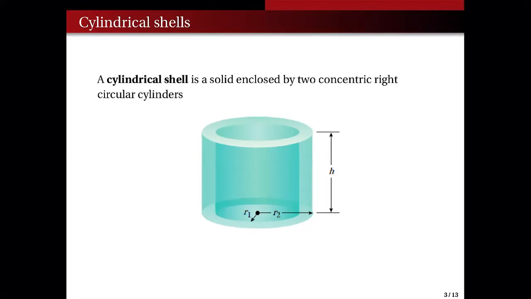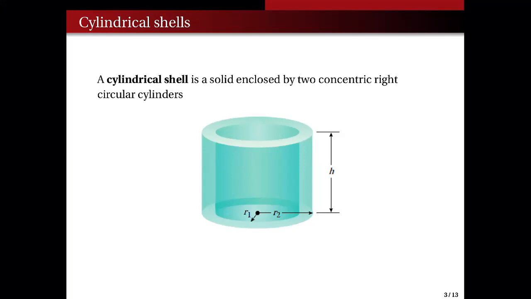If you have a cylindrical shell, you can easily get the volume of this solid. If you look at this, you have the smaller radius, that's your R sub 1, and then there's a bigger radius, that's your R sub 2.